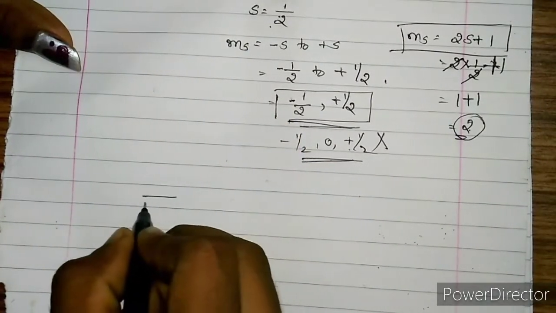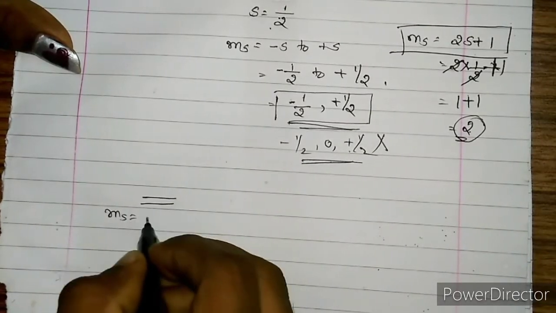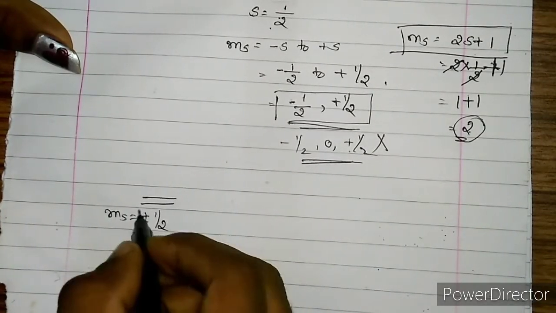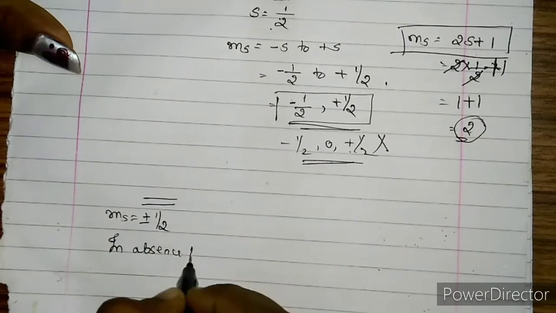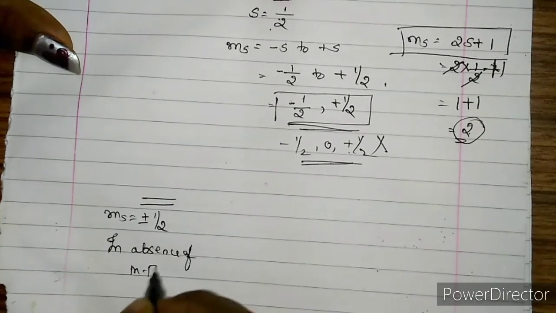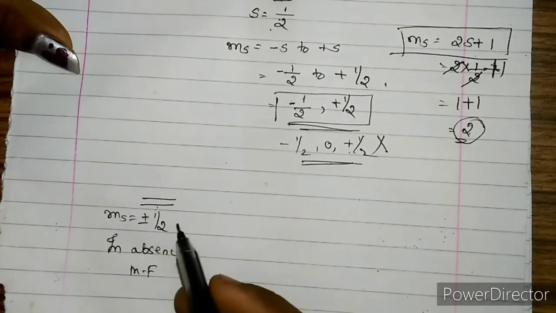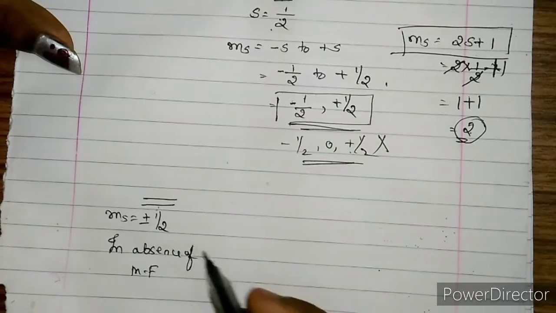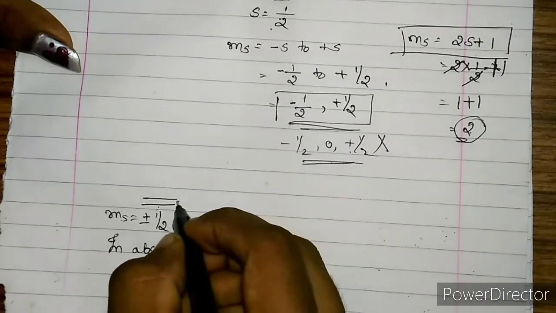I represent it like this: MS equal to plus or minus half, in the absence of a magnetic field. There will be a degeneracy between these two MS values. But once you apply the magnetic field to this hydrogen atom, they will split.